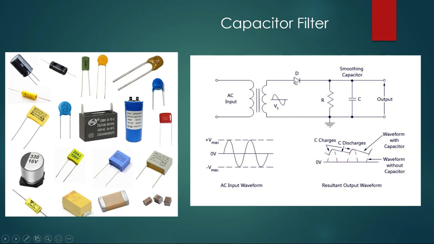If there is a single diode, that means the outputs are half waves. Here we can see the dotted half waves. After that, across the load, we connect one capacitor in parallel. So what does the capacitor do? It takes the AC and charges itself, and the remaining DC it sends to the output.